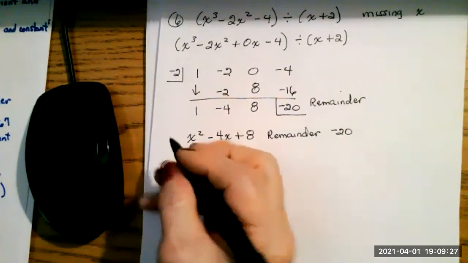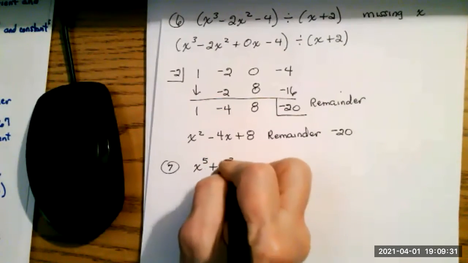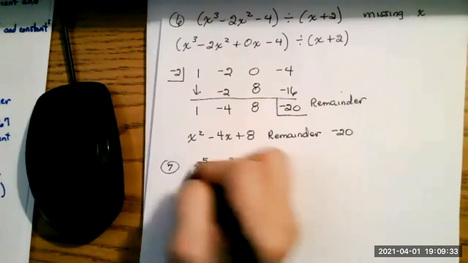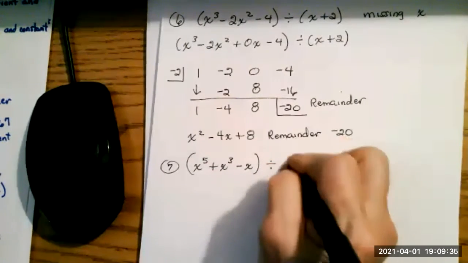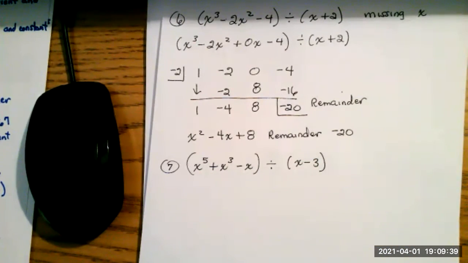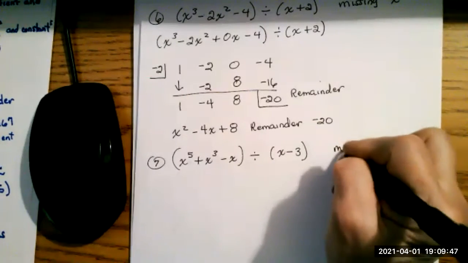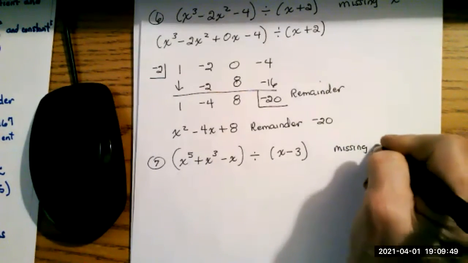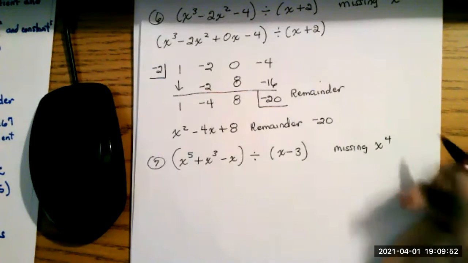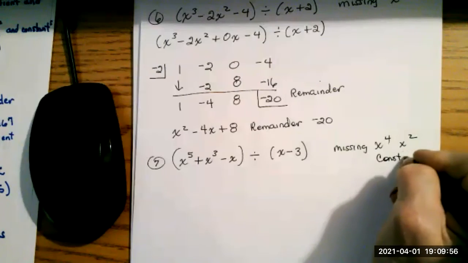Number 7 says x to the 5th plus x to the 3rd minus x divided by x minus 3. And it looks like we are missing some terms on this one. We're missing an x to the 4th and an x to the 2nd and a constant on this one.